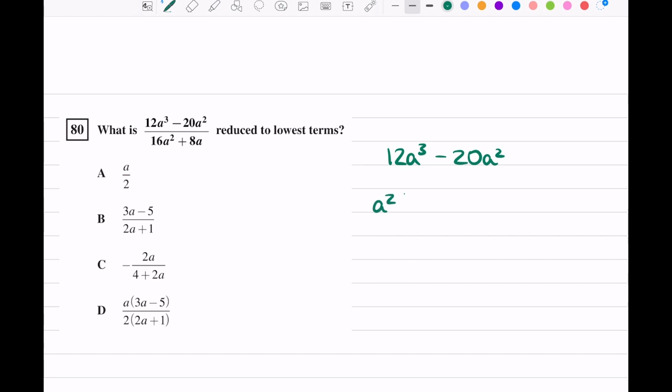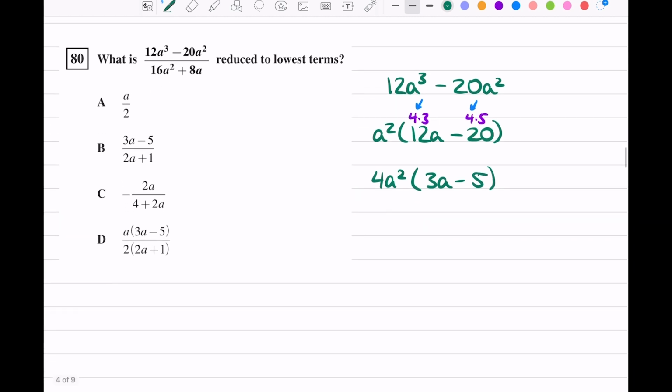We'll have a squared times 12a minus 20. And you might notice that 12 is 4 times 3, and 20 is 4 times 5. So we have another common number. That would be 4. So we can factor that out. And we're left with 4a squared times 3a minus 5.